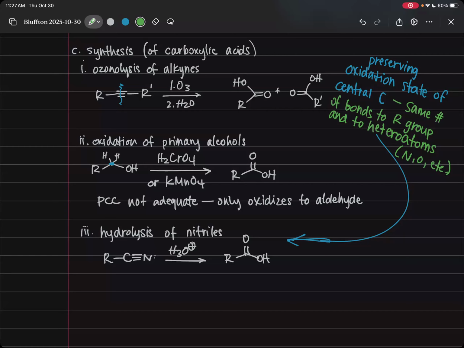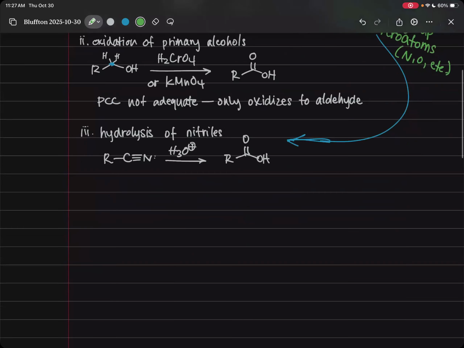So these are three perfectly valid methods that you'll probably need to use at some point. But the last one is totally the coolest, and I'm kind of a nerd, so bear with me here. The last method is the carboxylation of Grignard reagents.